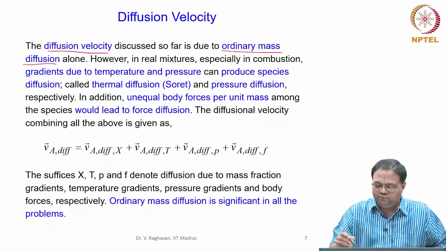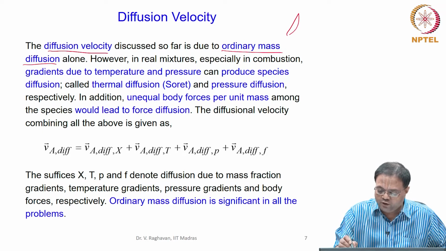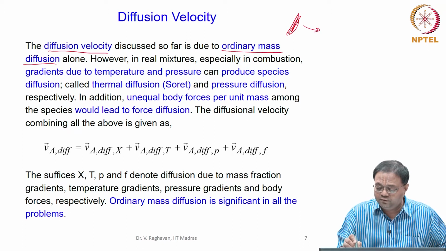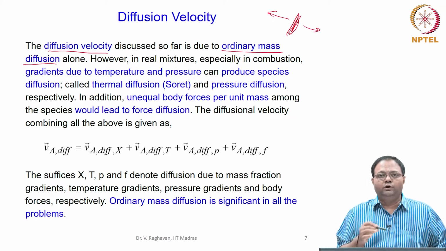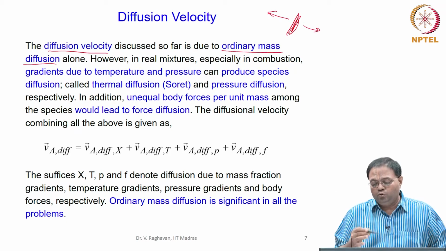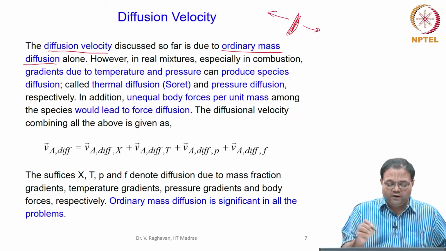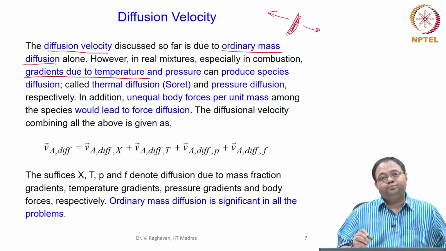So, for example, if there is a flame like this, here the temperatures are very high within the flame zone, but if you go to this direction or this direction, the temperature reduces to the ambient value basically. So, a huge gradient of temperature is seen, okay.